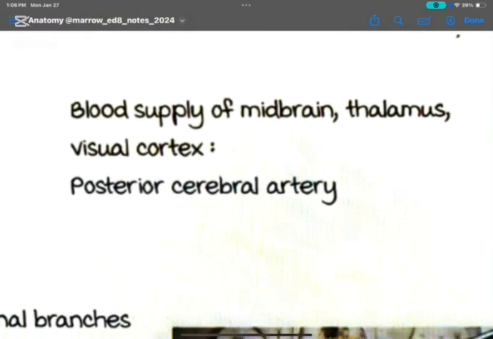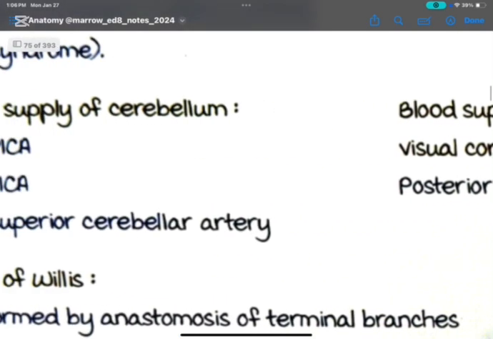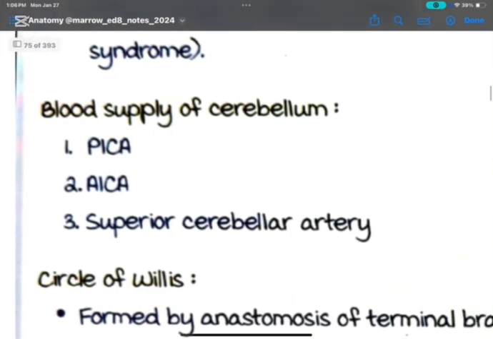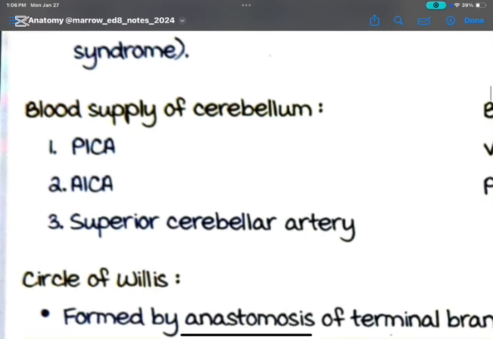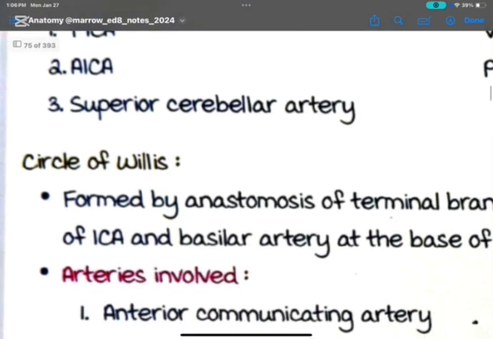Blood supply of midbrain, thalamus, and visual cortex: posterior cerebral artery. Blood supply of cerebellum: posterior inferior cerebellar artery, anterior inferior cerebellar artery, superior cerebellar artery.